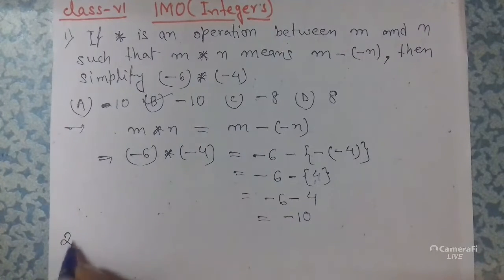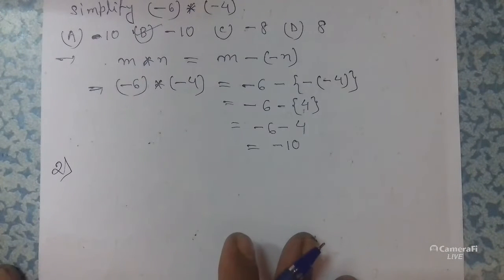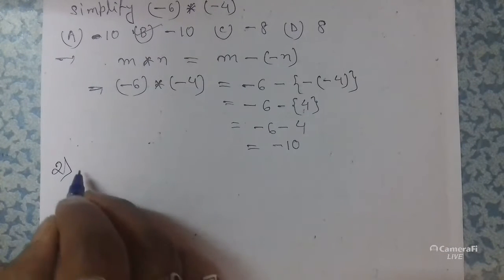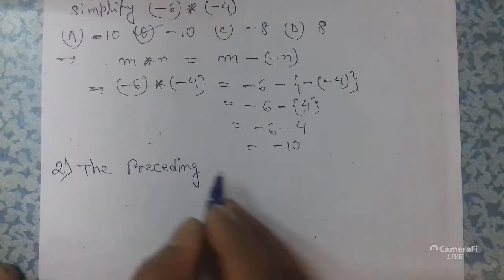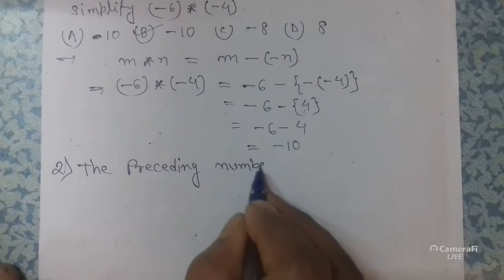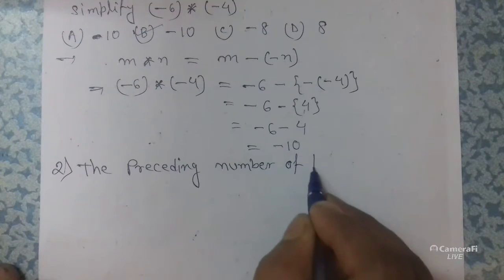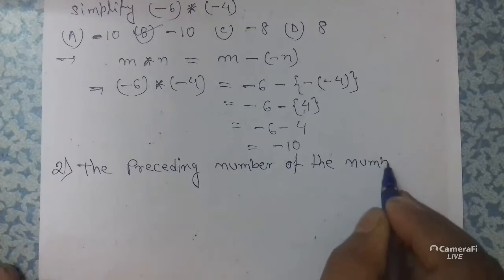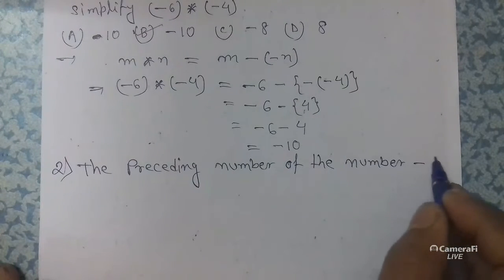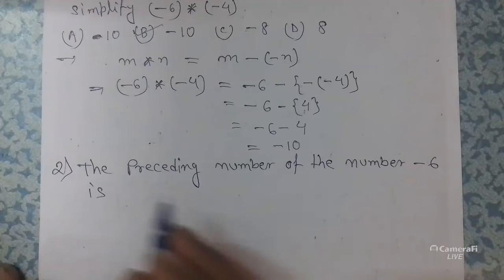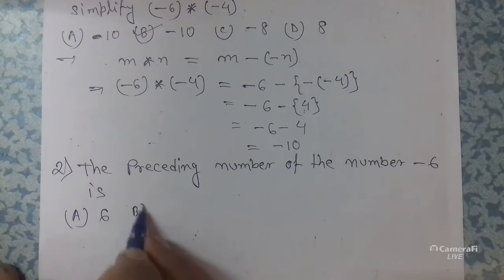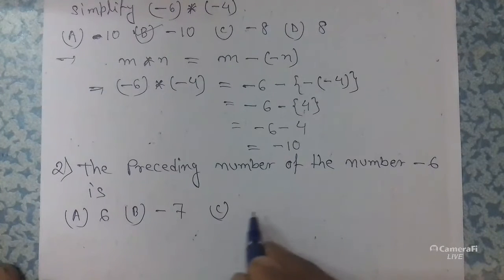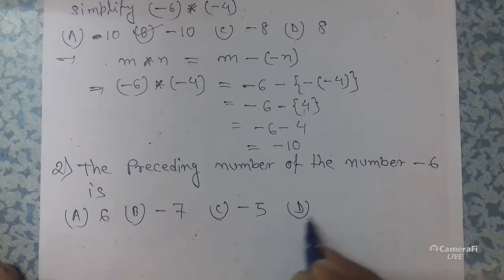Next, the preceding number of the number minus 6 is, the options are 6, minus 7, minus 5 and 5.